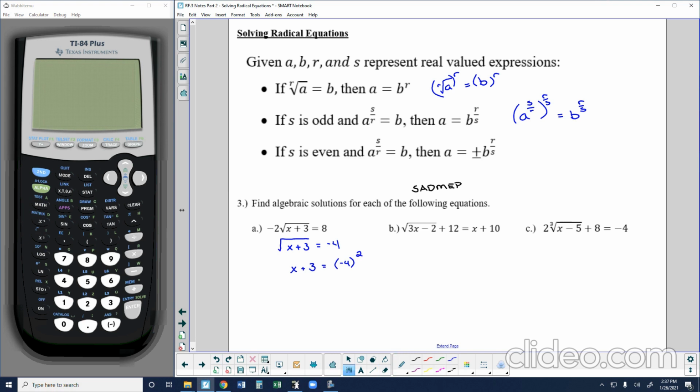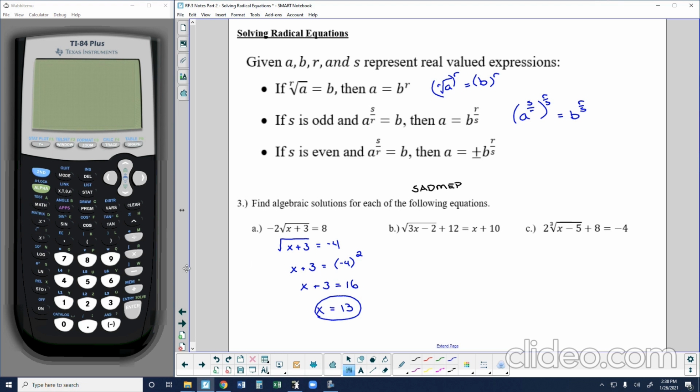The index is 2. So this would be x plus 3 equals -4 to the second power, which is the same as x plus 3 equals 16. Now I can subtract 3 from both sides and get x equals 13.